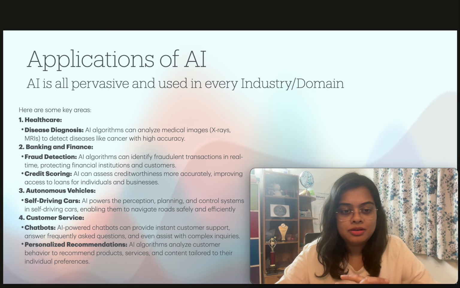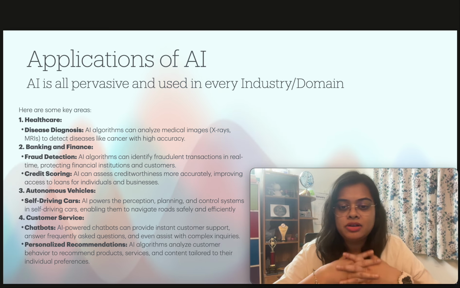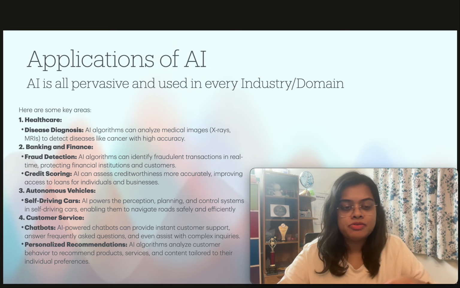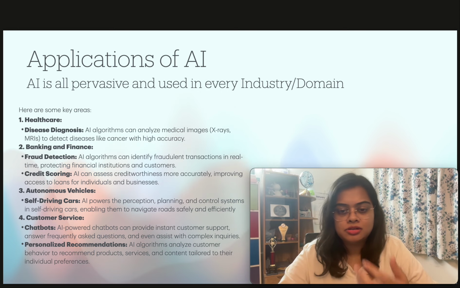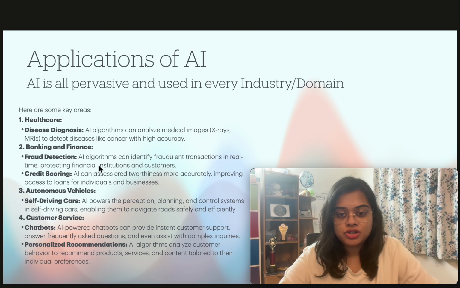So with that, we will close the session for today. But in the next session, since we understand why statistics is important and the concepts of statistics which have evolved for machine learning, we will start with understanding descriptive, inferential, predictive statistics.